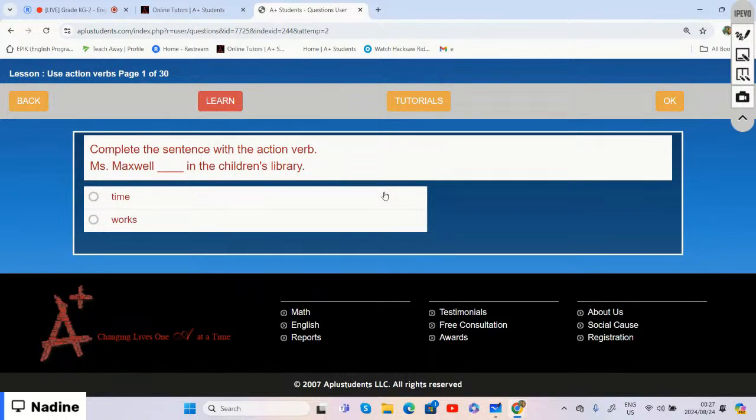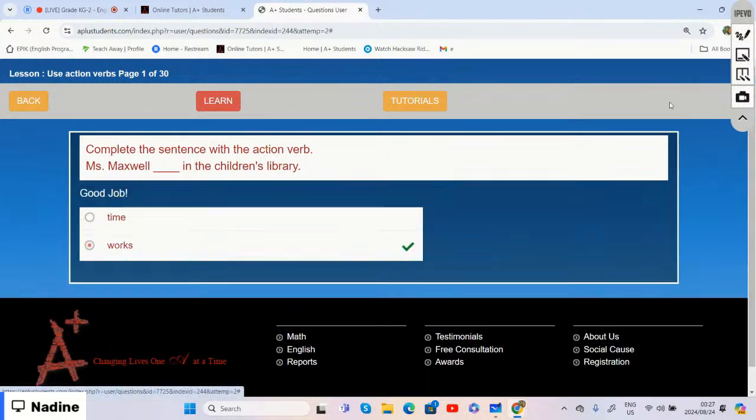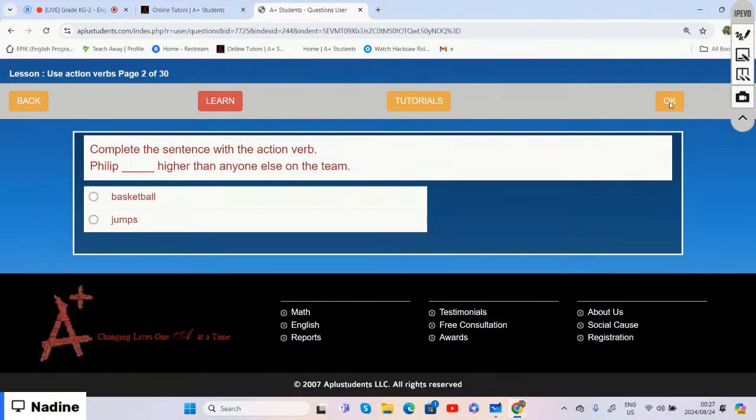And if we were to choose the correct one, yes, we can say Miss Maxwell works in the children's library. So well done. Works is correct.